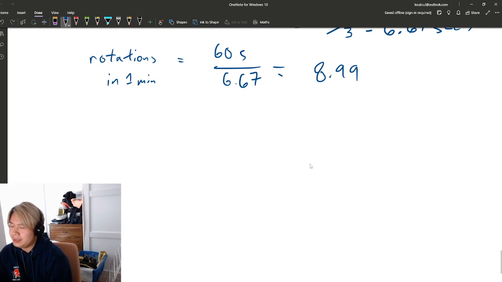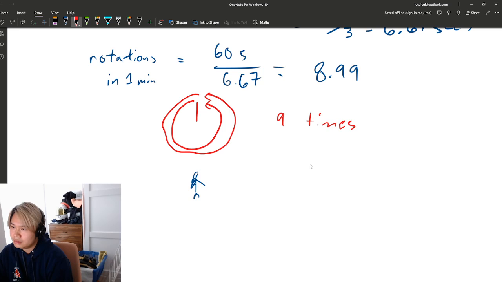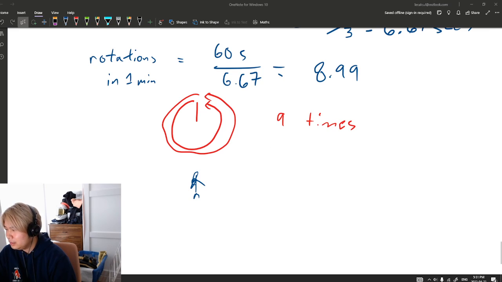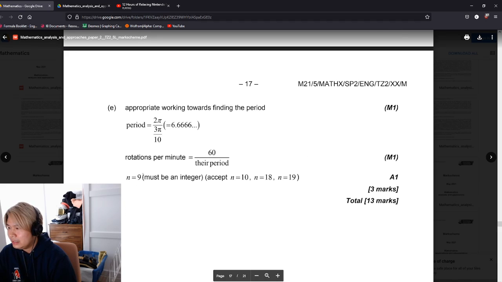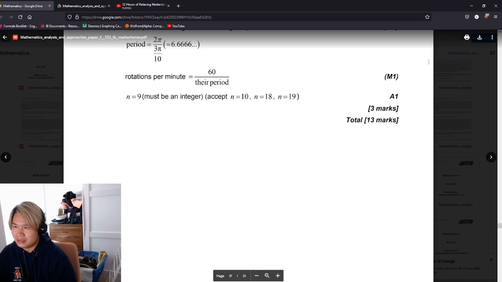And then I don't know how pedantic they are. So here you are, you're a person. You are going to go once, twice, basically almost 9 times, right? And if I look at the answer key, they say 9. And I think that's really stupid.